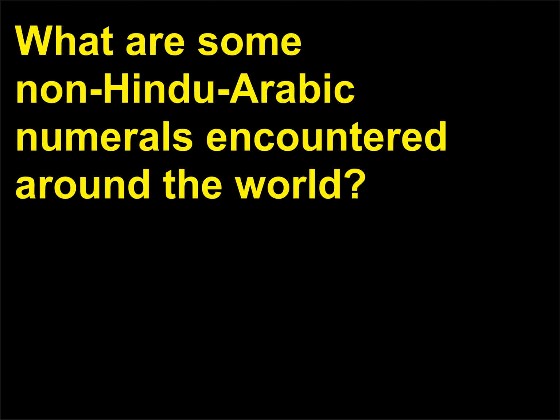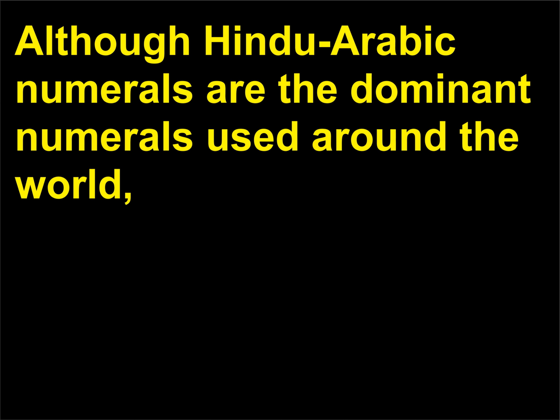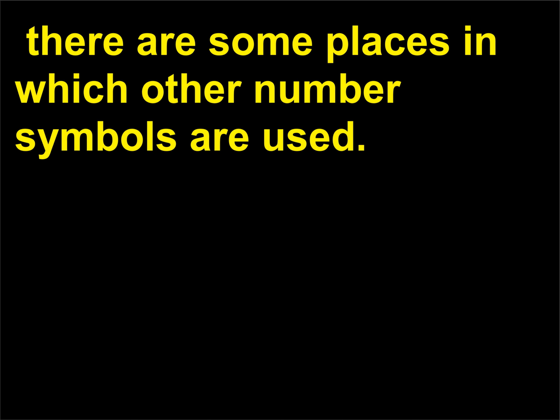What are some non-Hindu Arabic numerals encountered around the world? Although Hindu Arabic numerals are the dominant numerals used around the world, there are some places in which other number symbols are used.